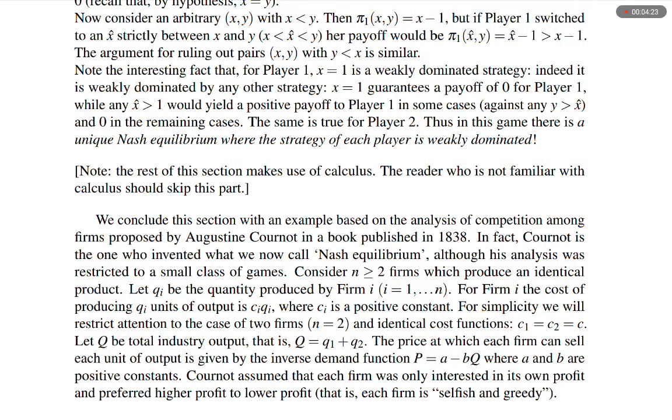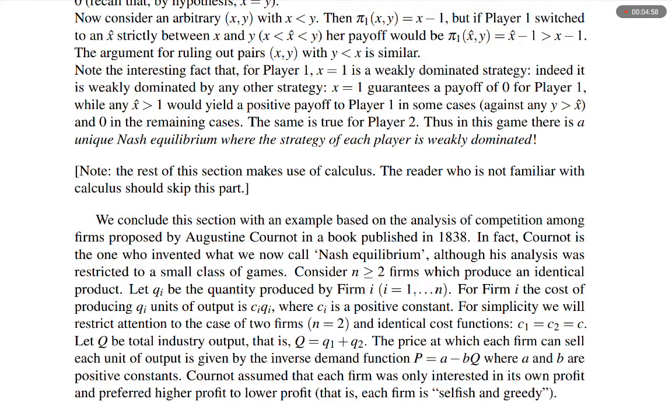Now consider an arbitrary ordered pair (x, y) with x less than y. Then π1(x, y) = x − 1. But if player 1 switched to an x̂ strictly between x and y (x < x̂ < y), her payoff would be π1(x̂, y) = x̂ − 1, which is greater than x − 1.